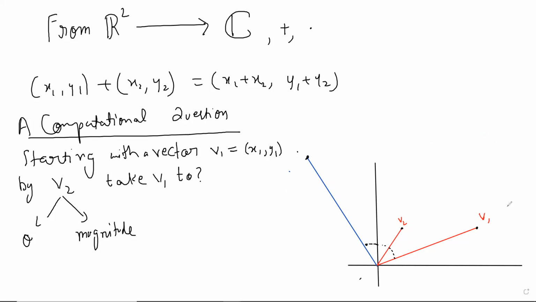So we have this sense of distance, obviously, and we have this sense of angles. We want to understand the question I just said, rotating v1 by v2. We can also understand it as v2 acting on v1.